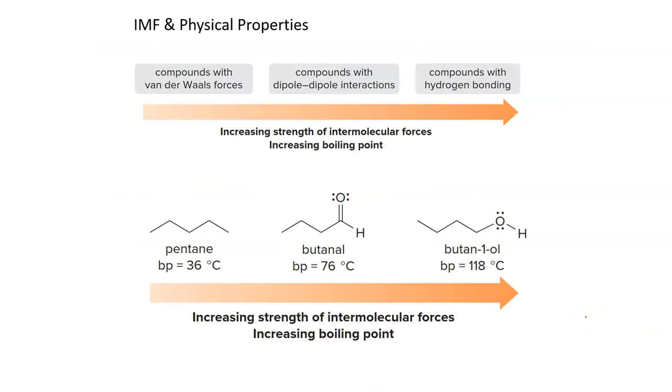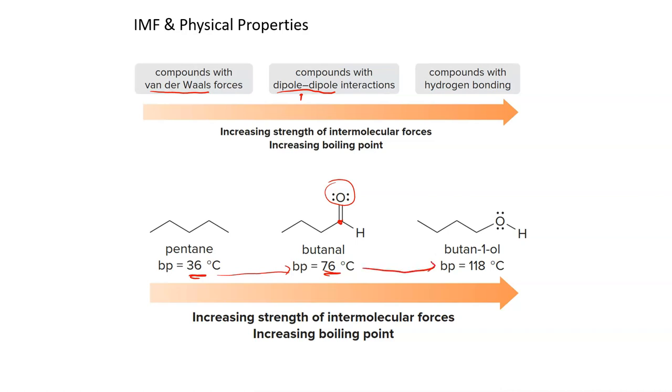If we're looking at some of the intermolecular forces and physical properties of pentane, for example, which is just a hydrocarbon, we are looking at a boiling point of 36 degrees Celsius. All of a sudden, we add oxygen here that's doubly bonded to the carbon below, and we move up to 76. So now we're adding the dipole-dipole bonds. We go from just van der Waals, and then we've added dipole-dipoles, and we've increased the boiling point from 36 to 76, so about 40 degrees Celsius.